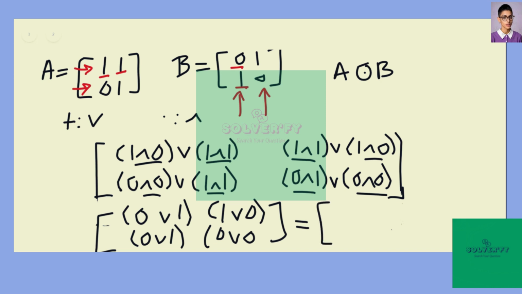And then solving this one, we get 1, 1, 1, 0, right? So anytime a 1 is present at all, we get a 1 in our final matrix.